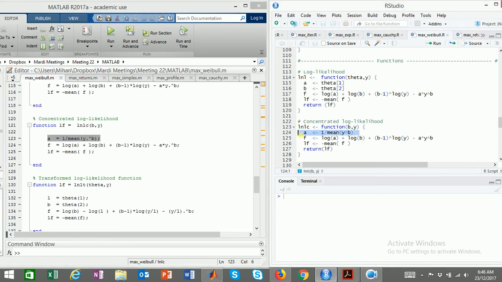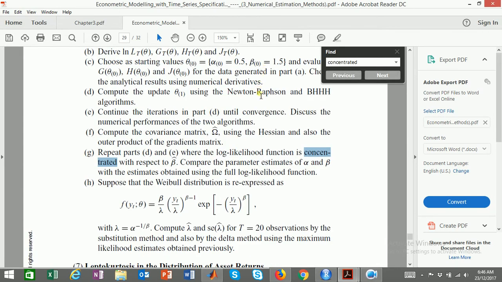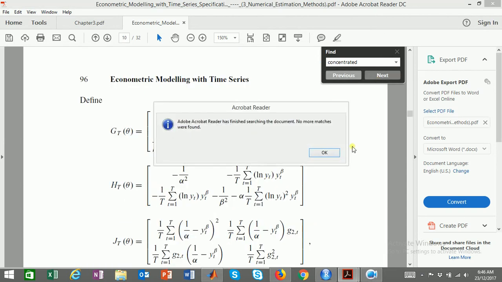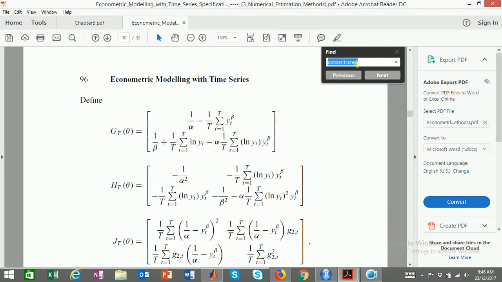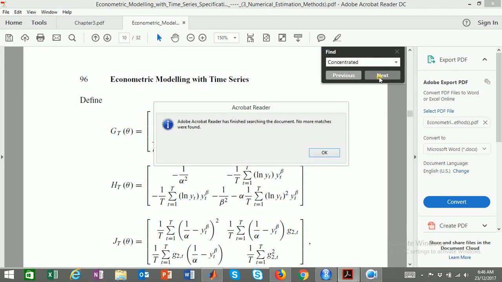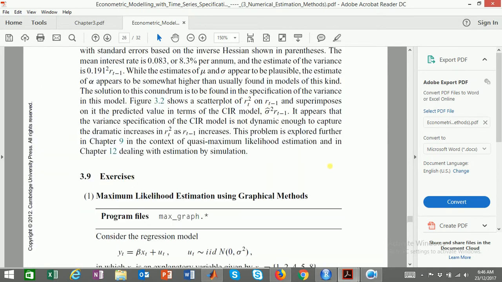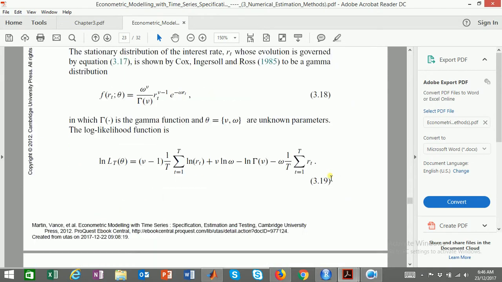We have already seen that, but in case we cannot remember, let's have a look. Right, concentrated with big C. Okay, not necessary, concentrated is here, I know, just bear with me one second.